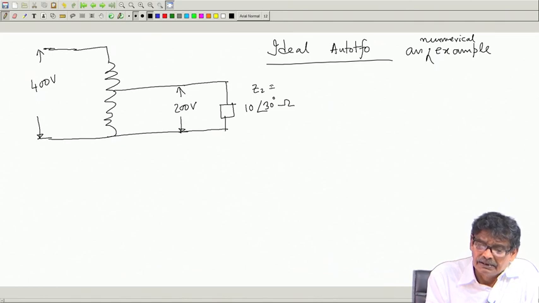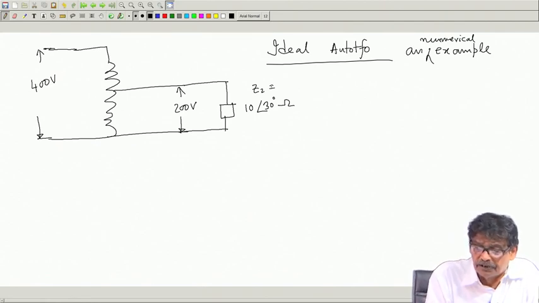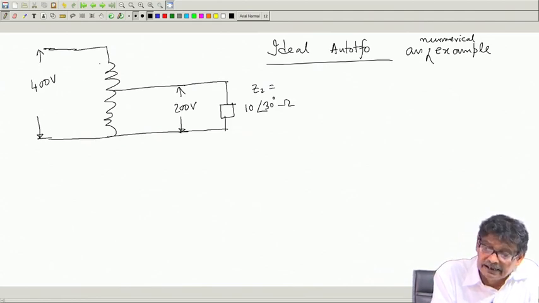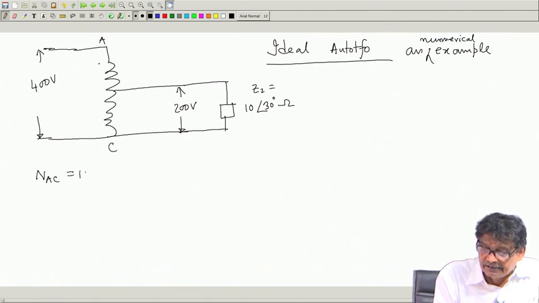One way of doing this, because this is 200, this is 400 given, otherwise number of turns could have been given. Suppose I say that this is A, this is C, A and AC. Suppose I say it is 100.